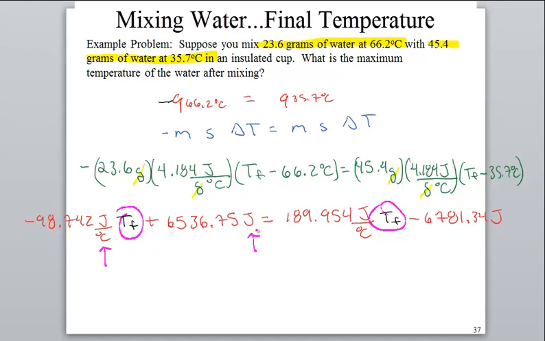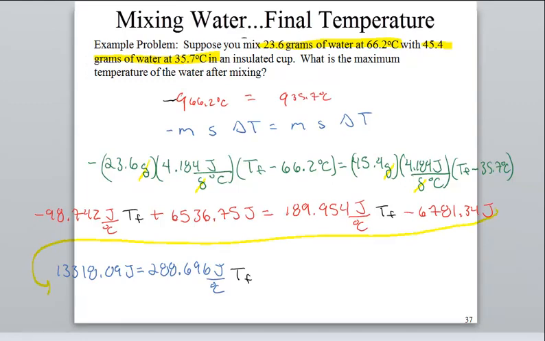What cancels, what stays. The next step, we're going to rearrange and combine. We come up with this next relationship, still being careful with units. The next step is just to get T sub F by itself. We can see that we can cross off joules.